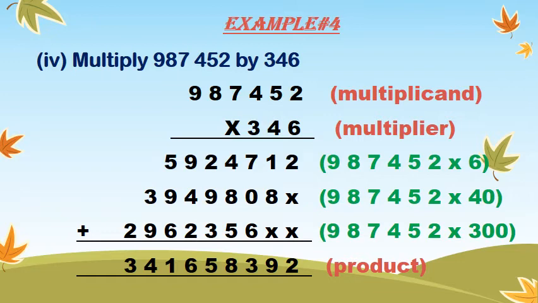First write the multiplicand, that is 987,452, multiplied by 346, that is the multiplier. We always start with the units digit of the bottom number, the multiplier.